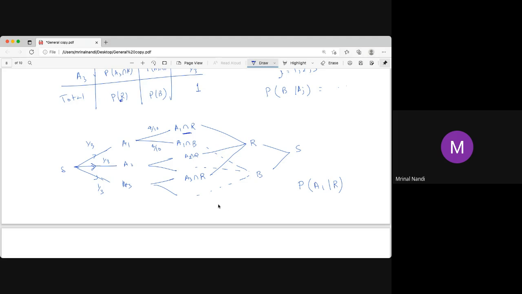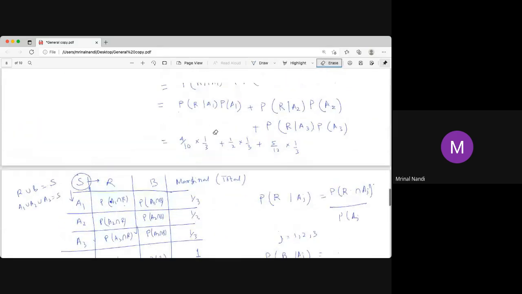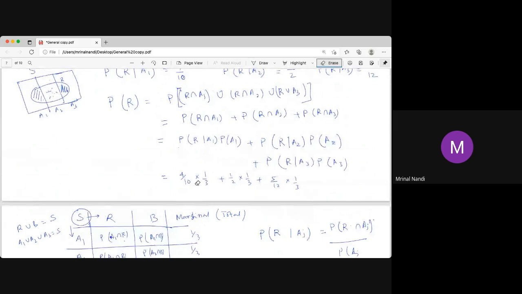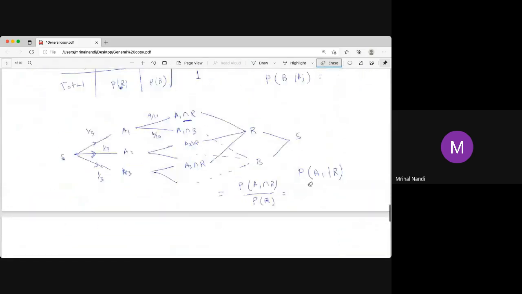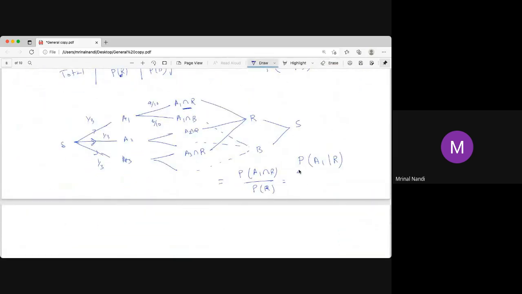Now this is just the probability of A1 intersection R divided by the probability of R. We know the probability of A1 intersection R. We calculated this. It is just 4 by 10 into 1/3. Now the denominator is the sum of all 3.